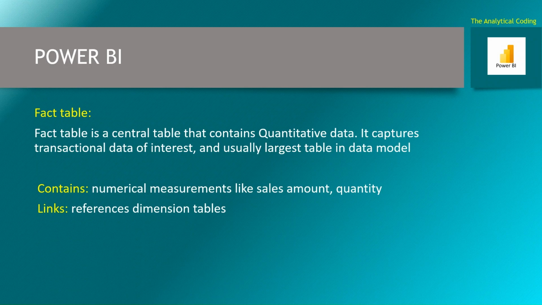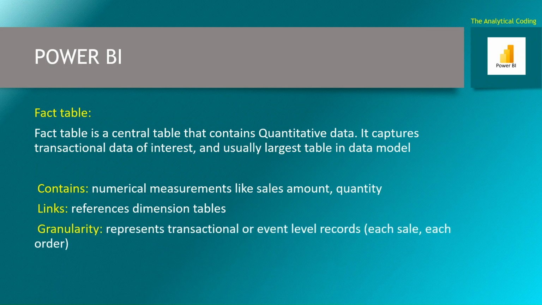We have seen in the previous example that we stored the product table separately, and these two tables have the product ID in common. So it references the dimension table in order to get any product information. And granularity: a fact table represents transactional or event level records, that is how much quantity is sold for each product, each sale, each order. So it is event level records.